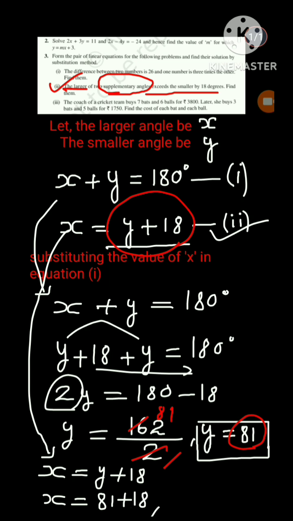Now after adding these two, we will get the value of x equal to 99. Okay, in this way we have obtained the value of x and y, where x equal to larger angle. So the value of larger angle is 99 degree, and y equal to, we have assumed smaller angle. So the value of smaller angle is 81 degree. This is our answer.